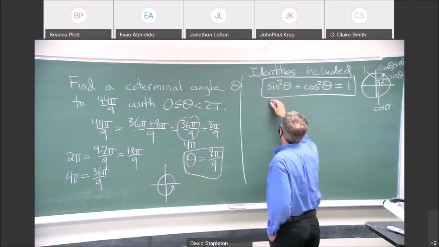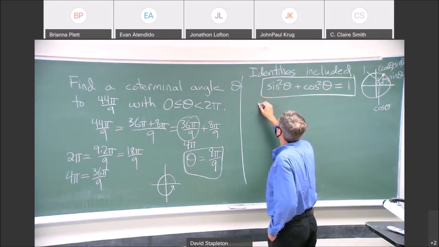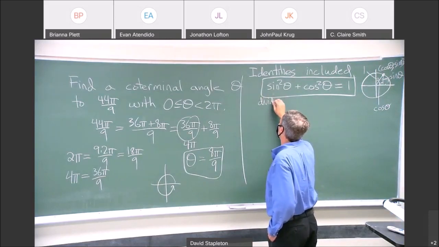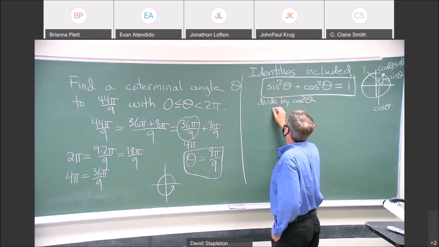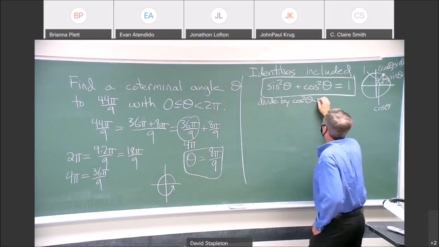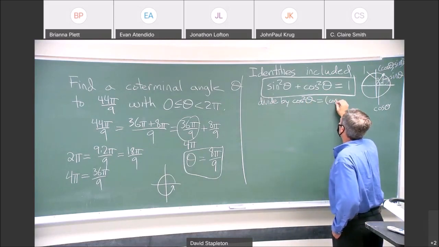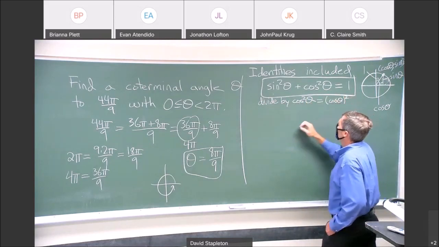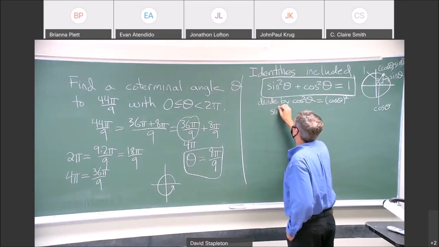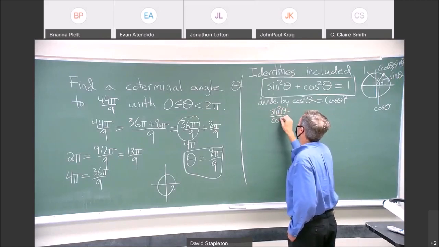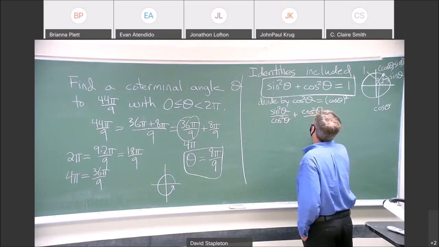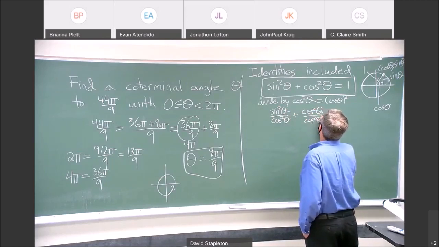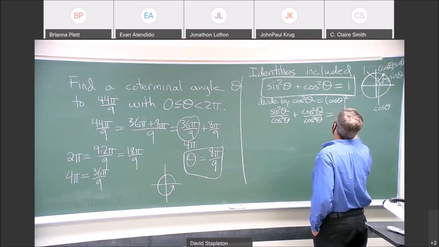Then if you divide this through by cosine squared, where cosine squared theta means cosine of theta quantity squared, this becomes sine squared over cosine squared plus cosine squared over cosine squared equals 1 over cosine squared.